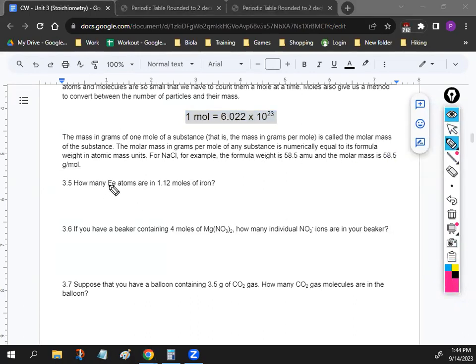So 3.5 is asking how many Fe molecules are inside of 1.2 moles of iron. So that means our starting number is 1.2 moles. Okay. So that is our starting value. Now, what do we want to turn moles into? Atoms, exactly.